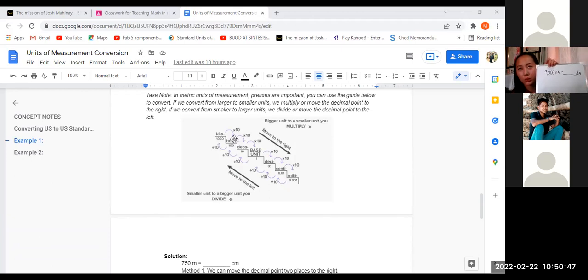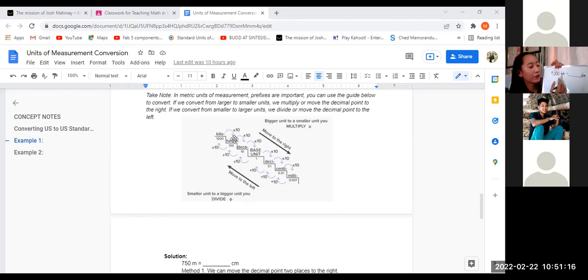Are we going to move the decimal point to the right or to the left? Kilometers to decimeters, is it going to the right or going to the left? Right po. Going to the right.